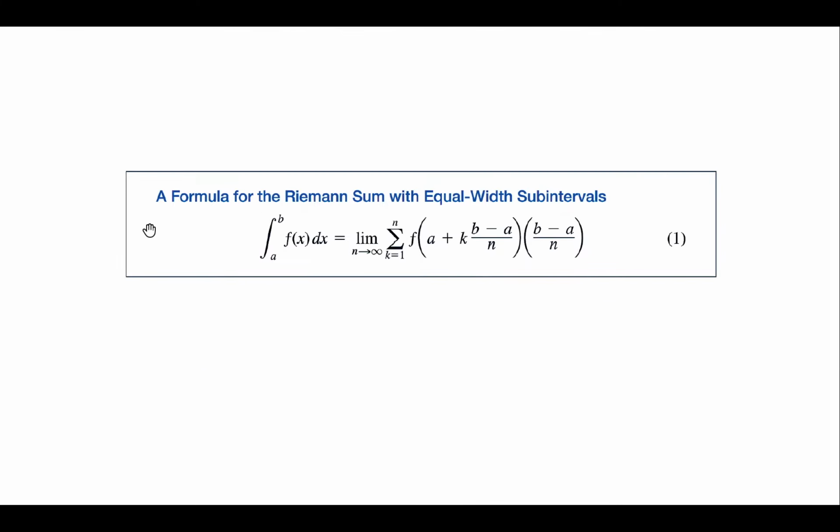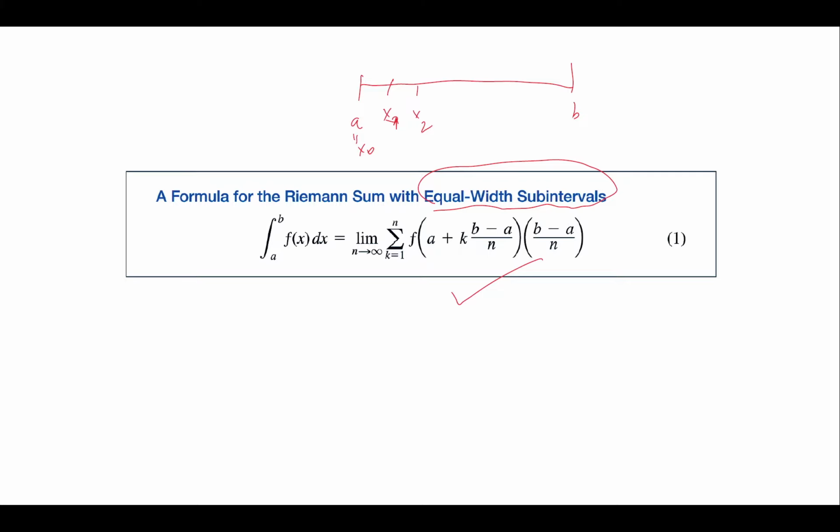So now, while taking the partition of this interval ab, if we take subintervals of equal width, the formula for the Riemann sum with equal width subintervals would look like this.